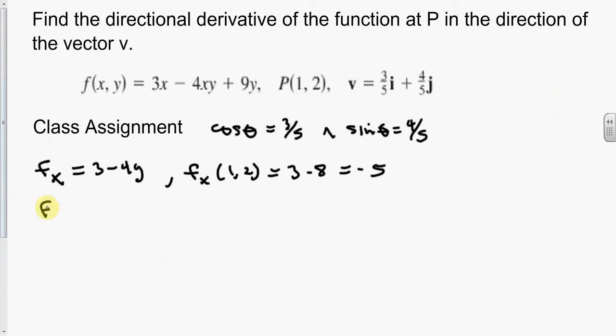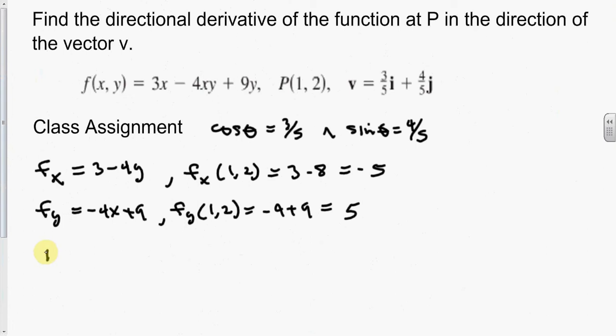Then the partial of f with respect to y is negative 4x plus 9. Evaluate this at the point 1 comma 2. So it gives me negative 4 plus 9, which gives me 5.